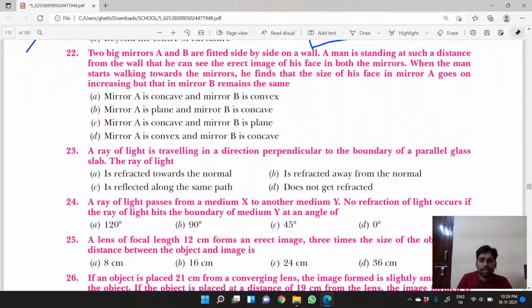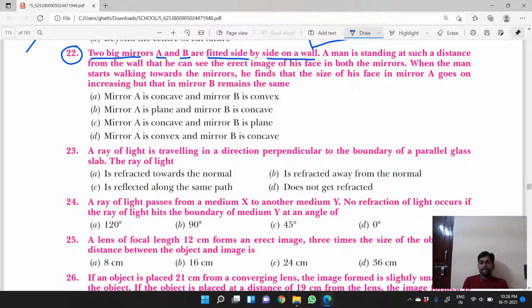See the 22nd question. This question is also very easy. Don't get scared by seeing the number of lines in the question. If you read it, you will get a proper idea. Two big mirrors A and B are fixed side by side on a wall.